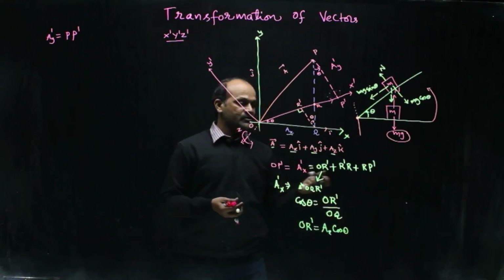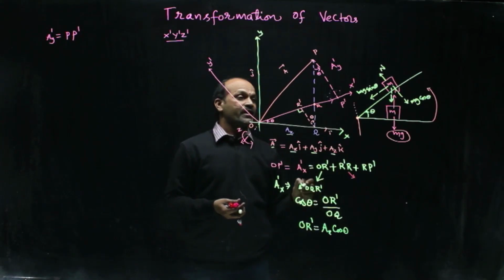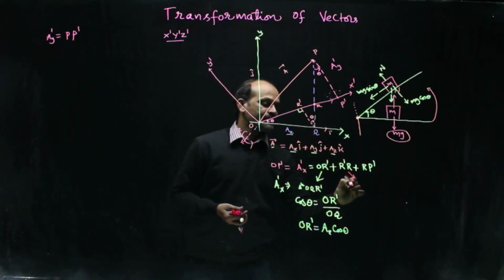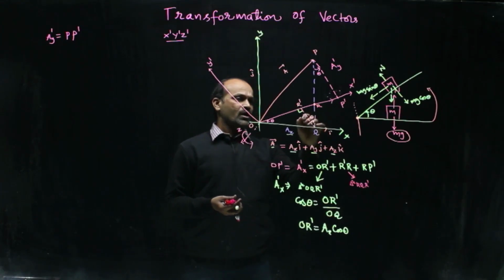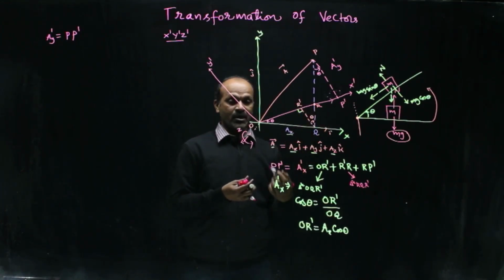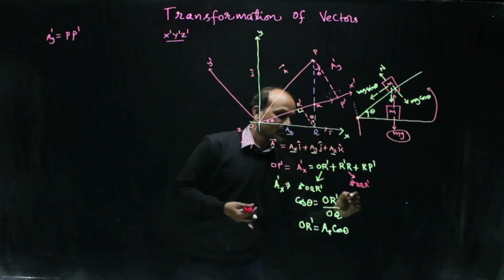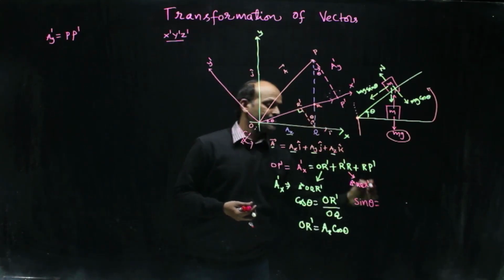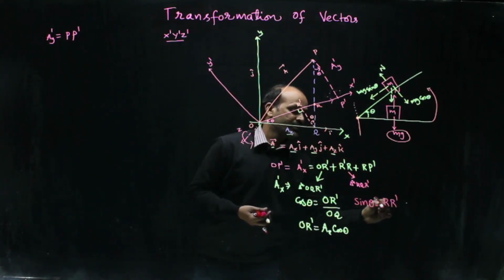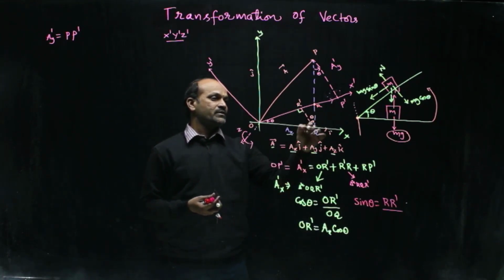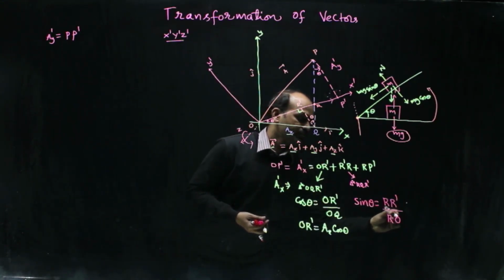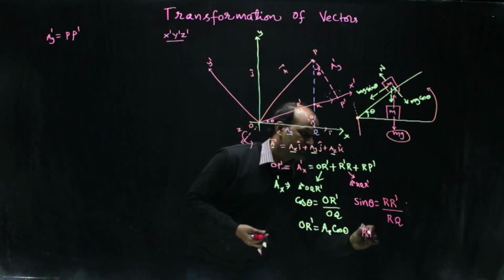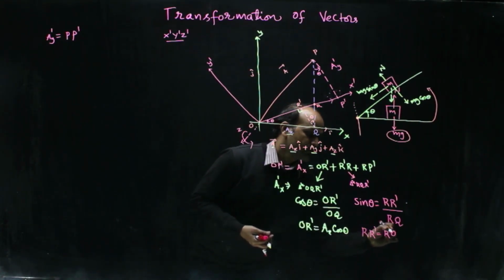Similarly, we can get RR dash from triangle RQR dash. So RR dash is the opposite side. In which trigonometric function do we get the opposite side? Sin theta. So sin theta is equal to the opposite side RR dash divided by the hypotenuse. What is the hypotenuse here? RQ. So RR dash we got is RQ sin theta.